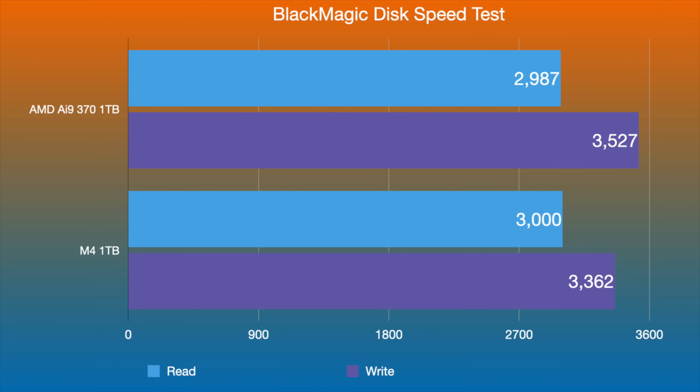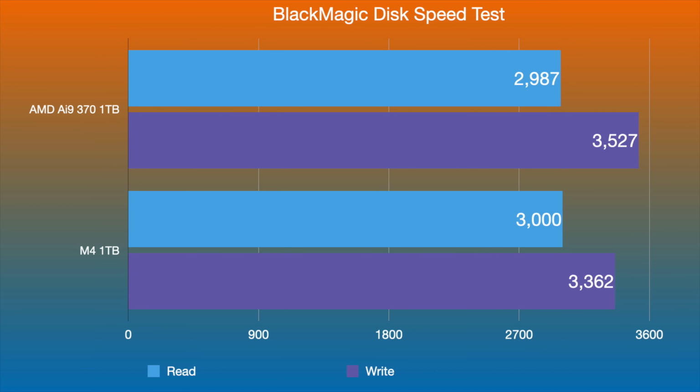So with the AMD, with its 1 terabyte drive inside of it, you can see that the read speed was 2,987 on average, and comparing that to the M4 1 terabyte, believe it or not, that got 3,000 on average. I just got below 3,000 or just above when it was doing the test, and it averaged out around about 3,000. But really, look at that, it is so close in the read speeds to what we got here with the AMD.